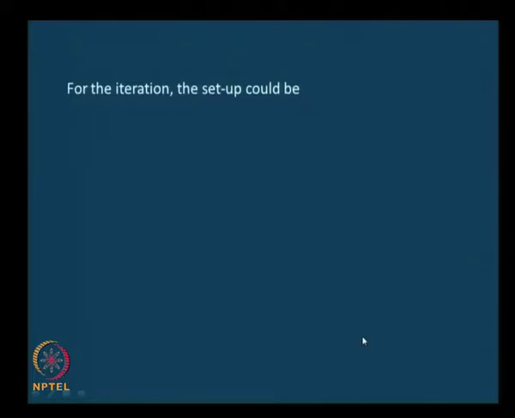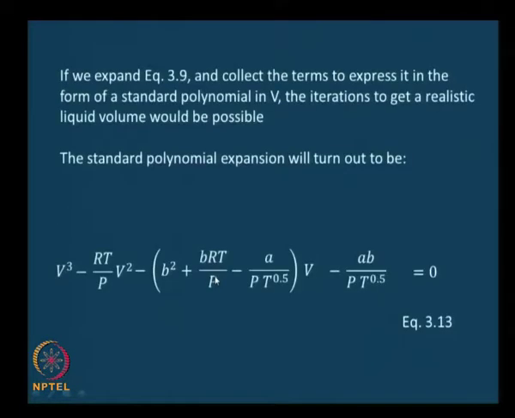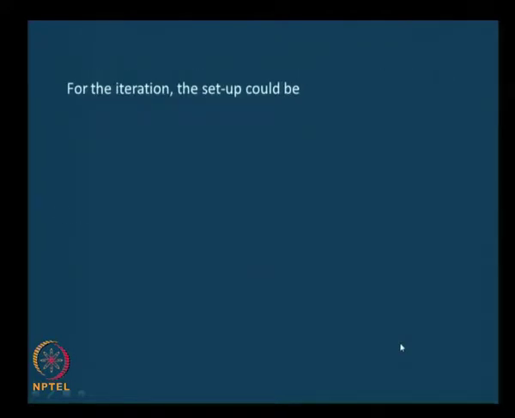For the iteration itself, we said we could have it of the form of V n plus 1 and V n. Let us write it as V n plus 1. Where does the V occur here? It occurs here, and therefore we could write this as V n here, and by a suitable transposition, all these terms could go to the other side, these two terms and this term, and therefore this becomes the denominator on the other side.